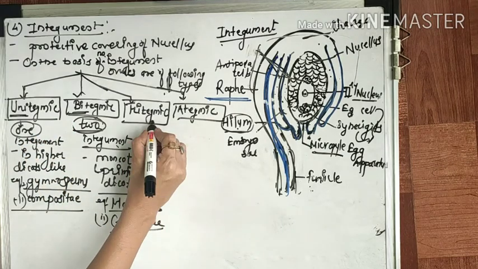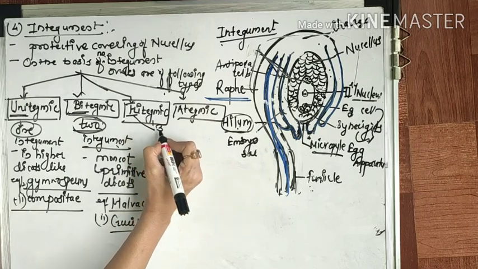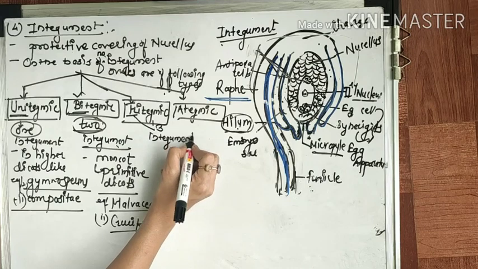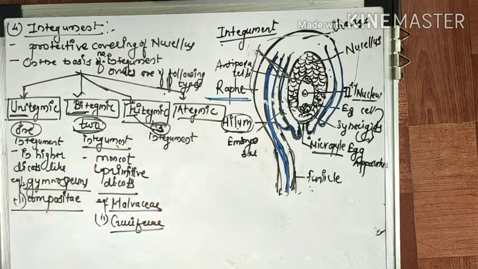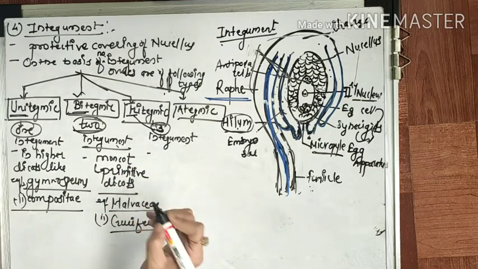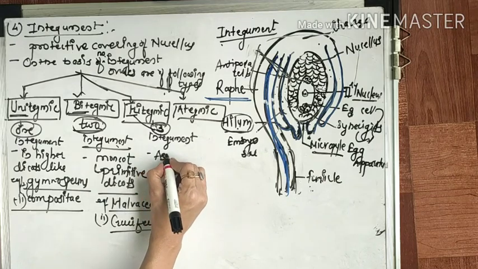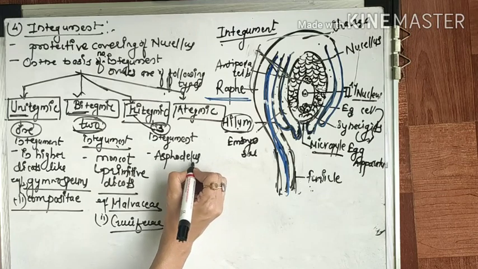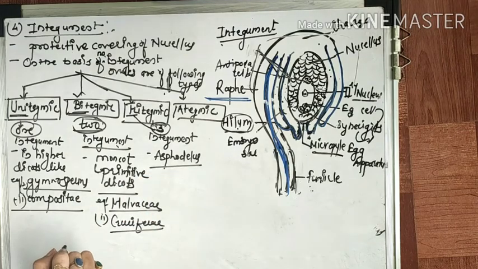Then third, we can see tritegmic. Tri means three integuments, and this is generally seen in Asphodelus. Understood?